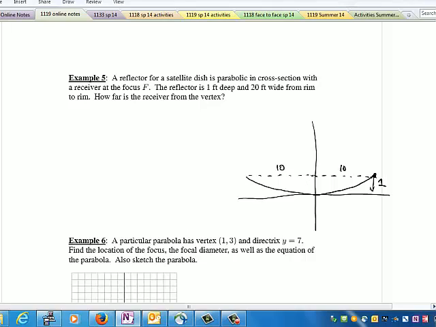So in terms of our equation for this parabola, we would have a point 10, 1 on the parabola, and another point, negative 10, 1. And the origin is the base, so 0, 0 would be a point. So the vertex, the way we set things up, is at 0, 0, and we need to know where the focus is.